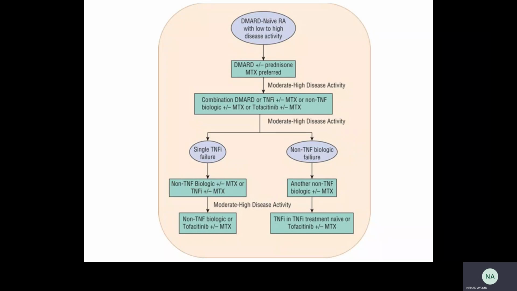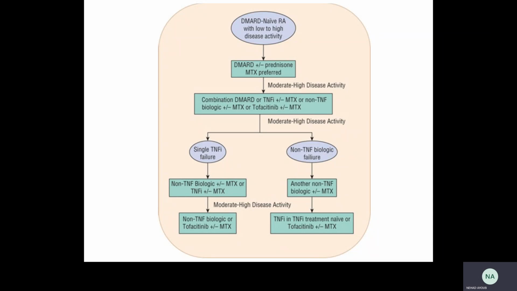Usually this is one of the 4 options in the first line: either methotrexate, sulfasalazine, hydroxychloroquine, or leflunomide. And we said that usually methotrexate is the preferred. If there is no contraindication to use methotrexate and methotrexate is available, then start methotrexate. This is the preferred, okay?